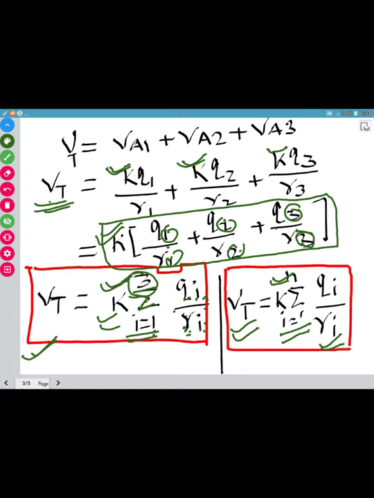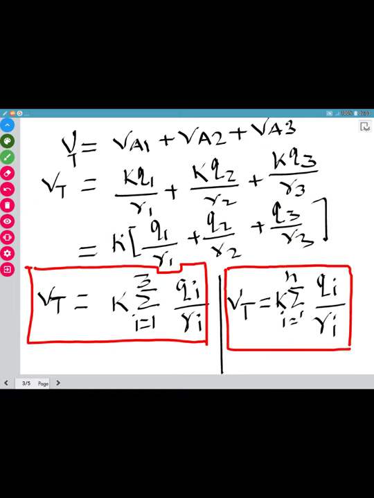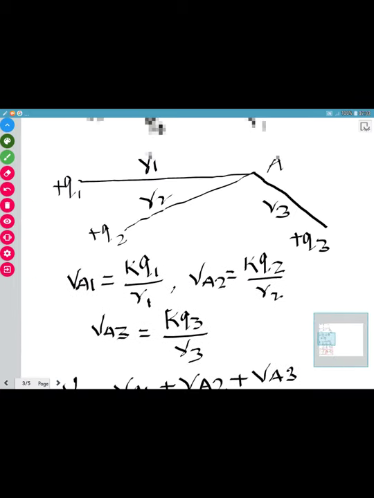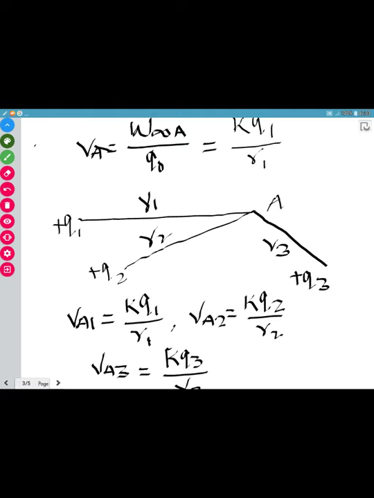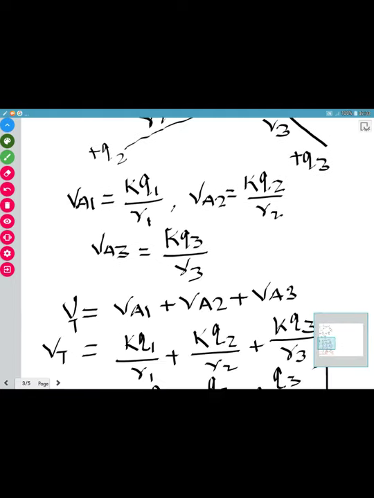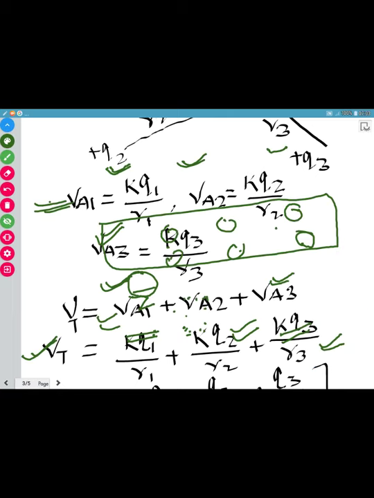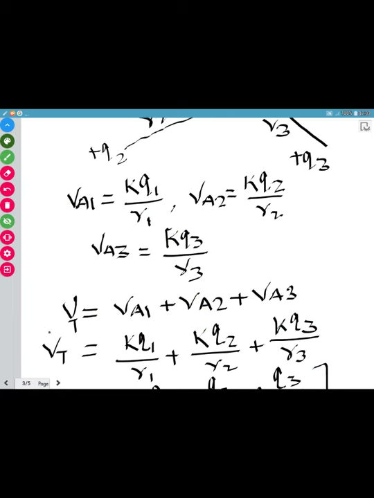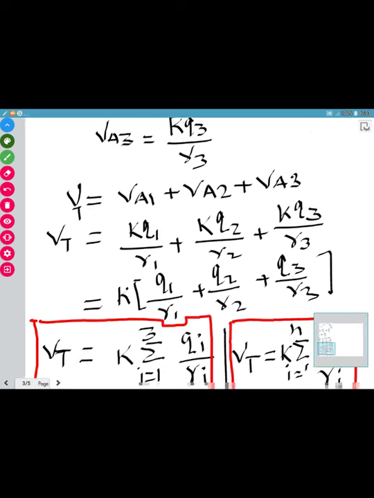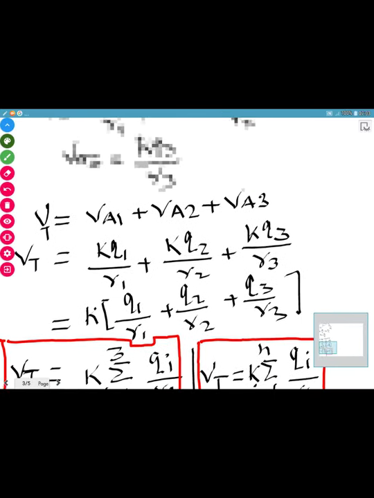The total potential at any point due to a number of charges is the algebraic sum of all the potentials. So this is the statement of the superposition principle of potential.